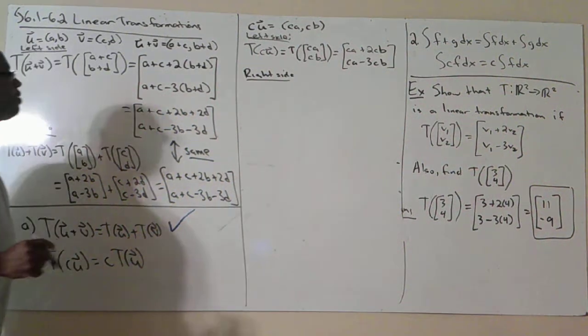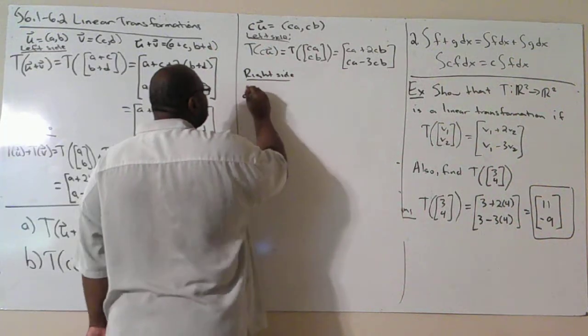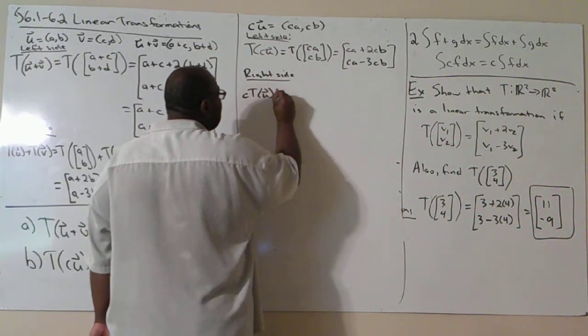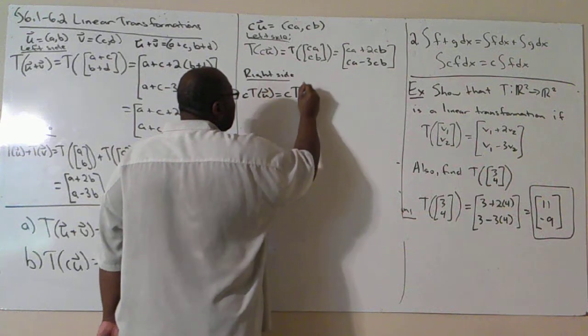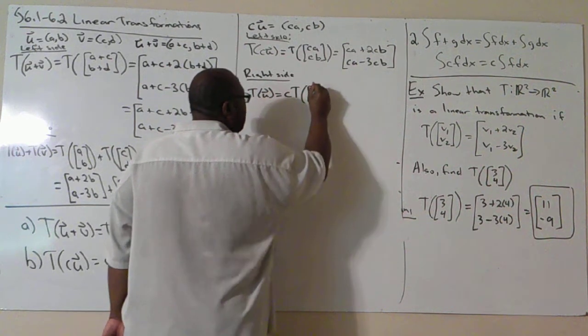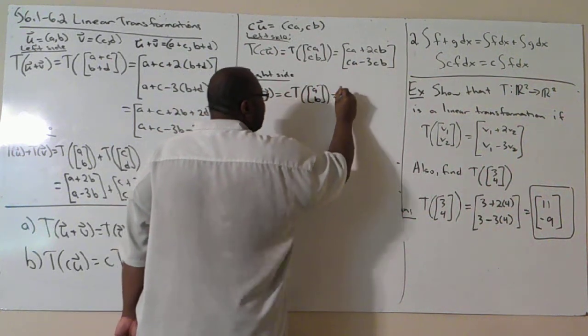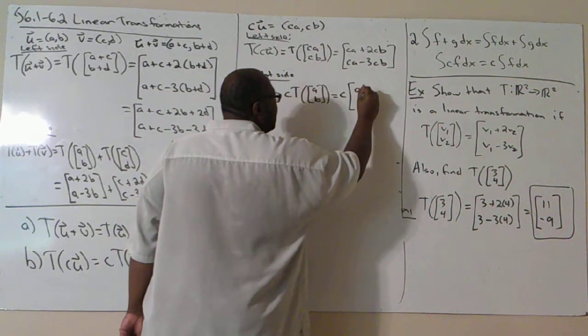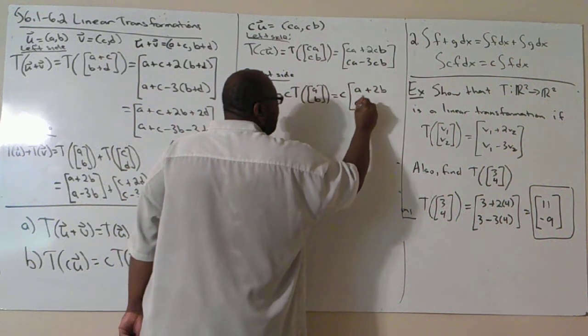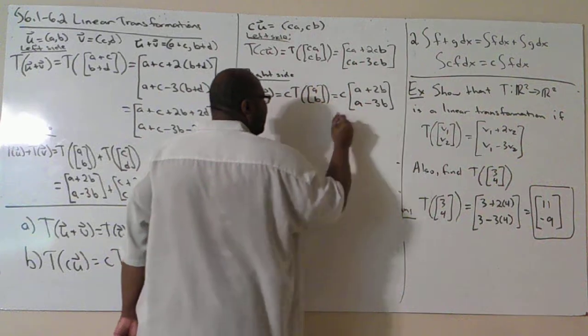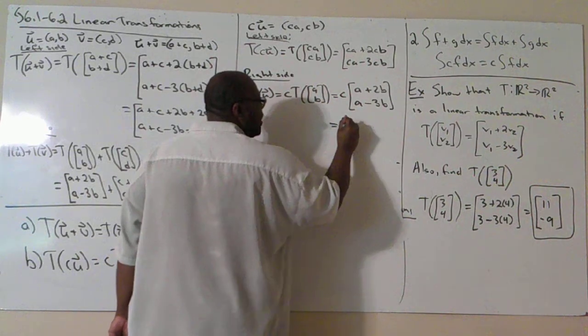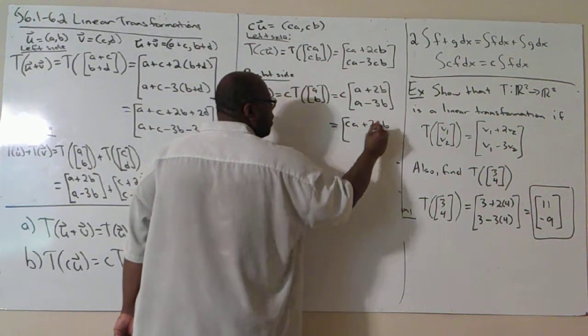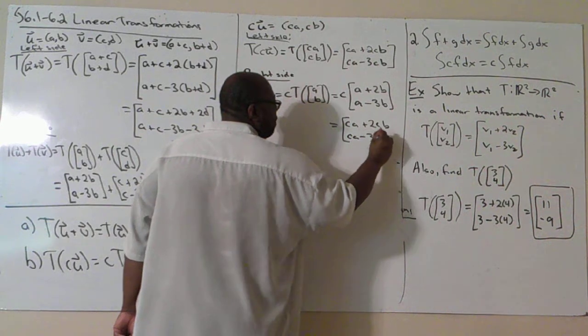So for the right side, I have C times T of U, so C times T of (A, B). We have C times (A plus 2B, A minus 3B). Then I multiply the C through, so I get (CA plus 2CB, CA minus 3CB).